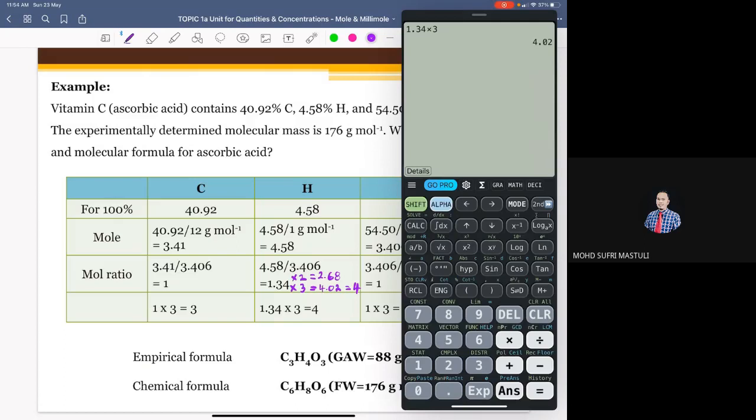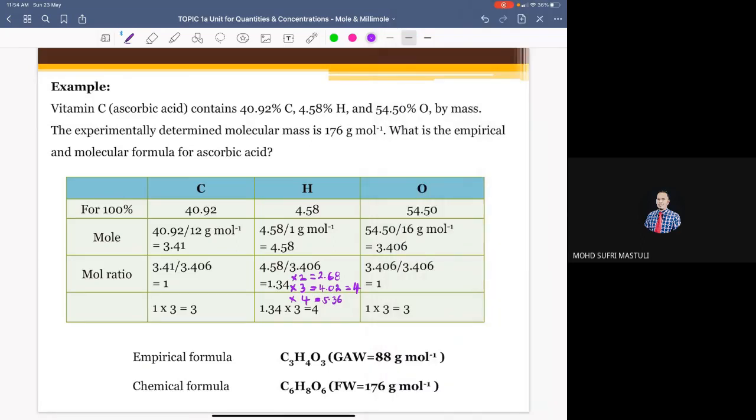So 4 is a whole number. Maybe you can also try multiplying by 4. 1.34 multiplied by 4 is 5.36, which we cannot round up because it's very far, it gives you 5.4. So definitely you can use times 3.